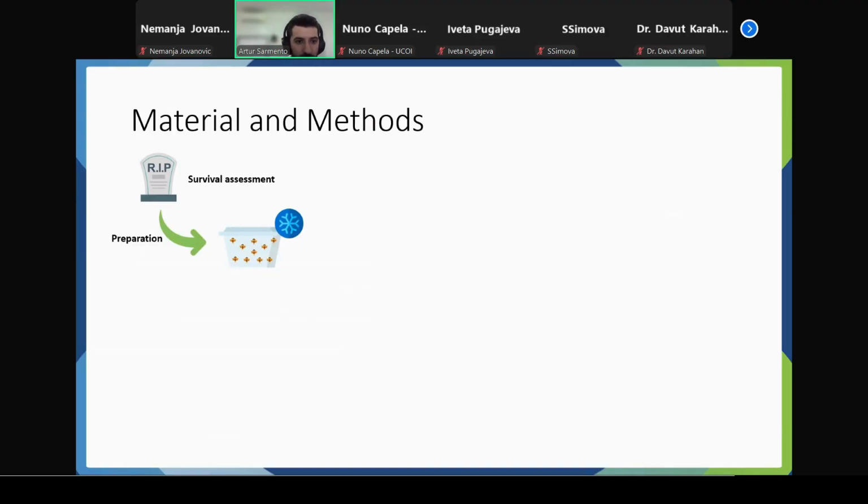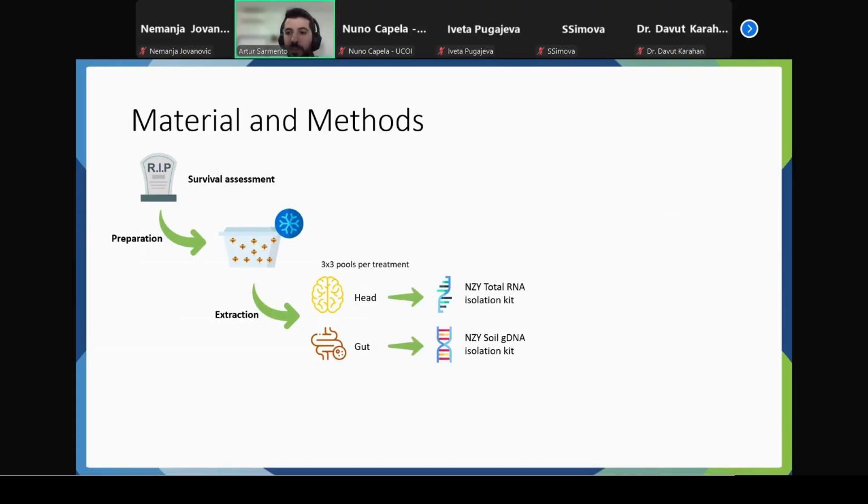We created 3 pools of 3 heads and 3 guts per treatment, and then used the Enzytec extraction kits, a really famous brand, to extract the RNA or the DNA.